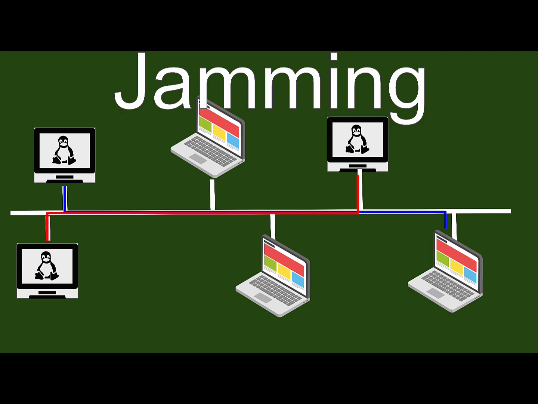For that reason, it sends something called a jamming signal. So now all the PCs know that a collision has happened. All the PCs need to wait for a random amount of time before they try to send anything. That is why this jamming signal is being sent.